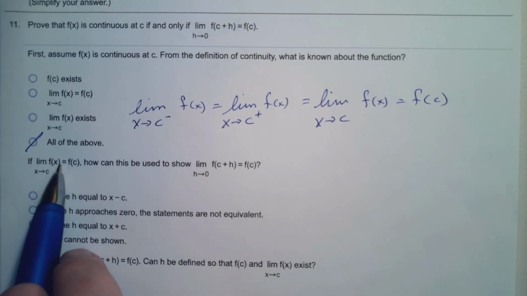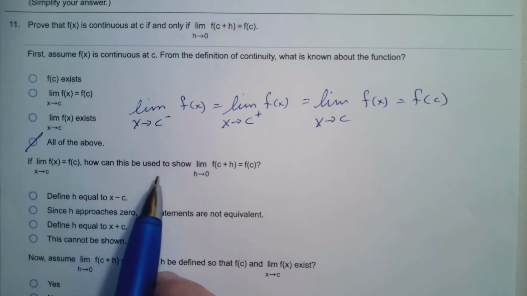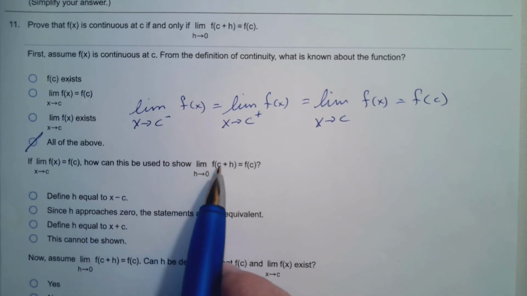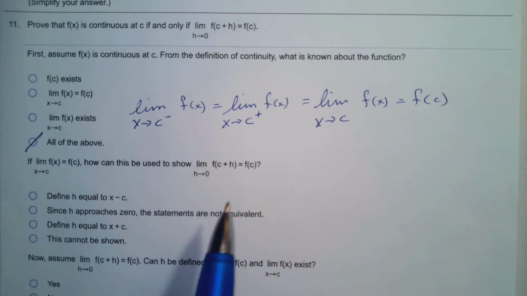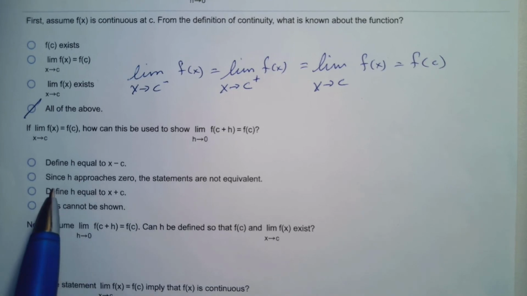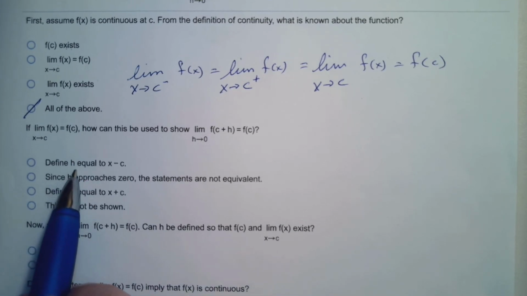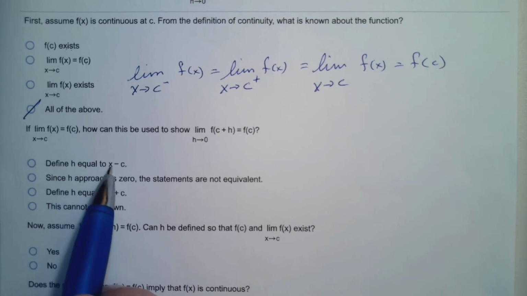If the limit of f of x is equal to f of c, how can this be used to show that the limit of f of c plus h as h goes to 0 is f of c? Okay, define h equal to x minus c.